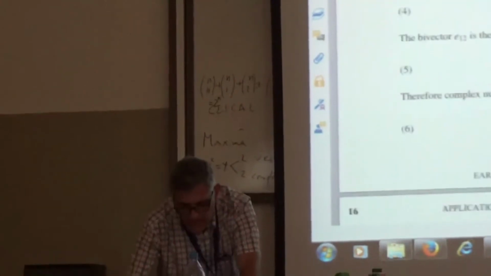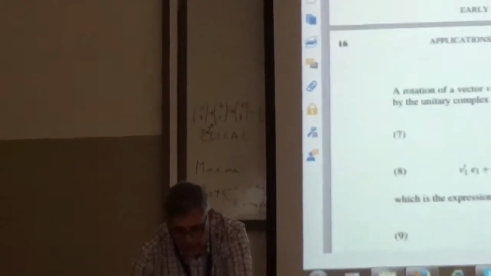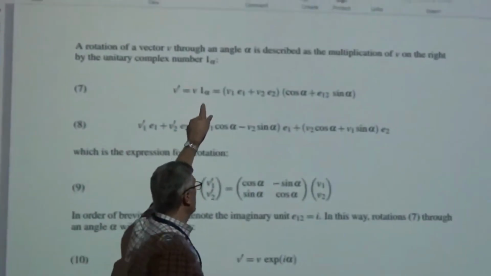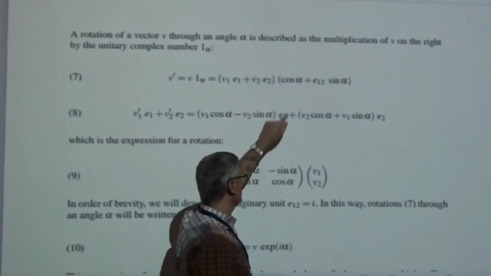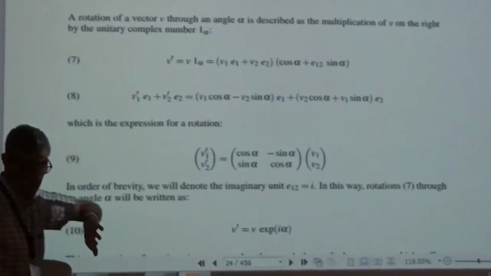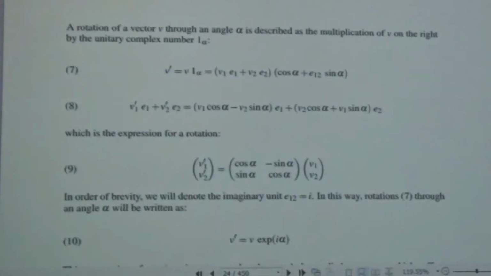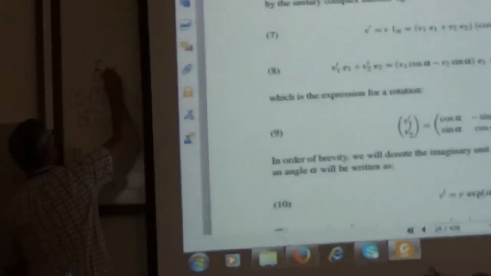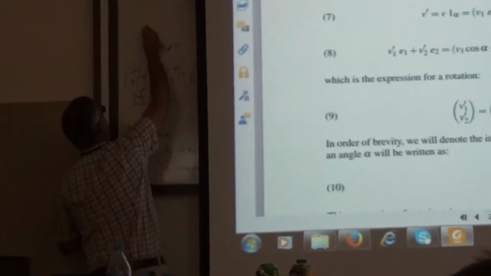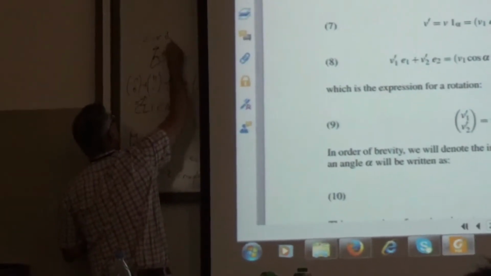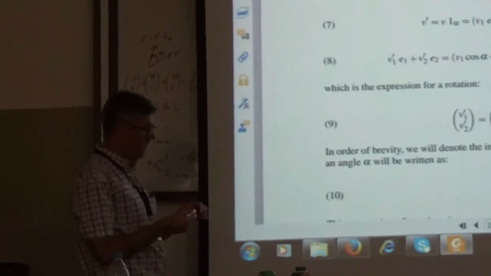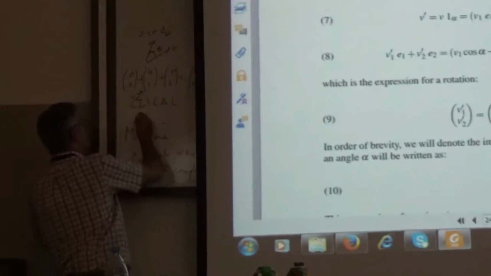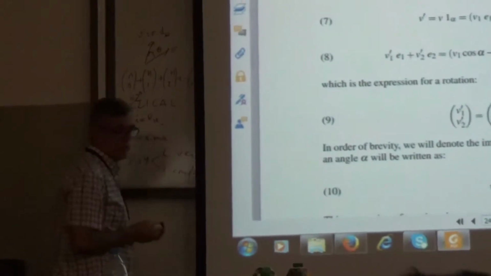Well, then it brings us that the multiplication on the right of a vector by a unitary complex number describes a rotation. Then we multiply the vector by a unitary complex number, the exponential of E, where E is identified in geometric algebra as the bivector.